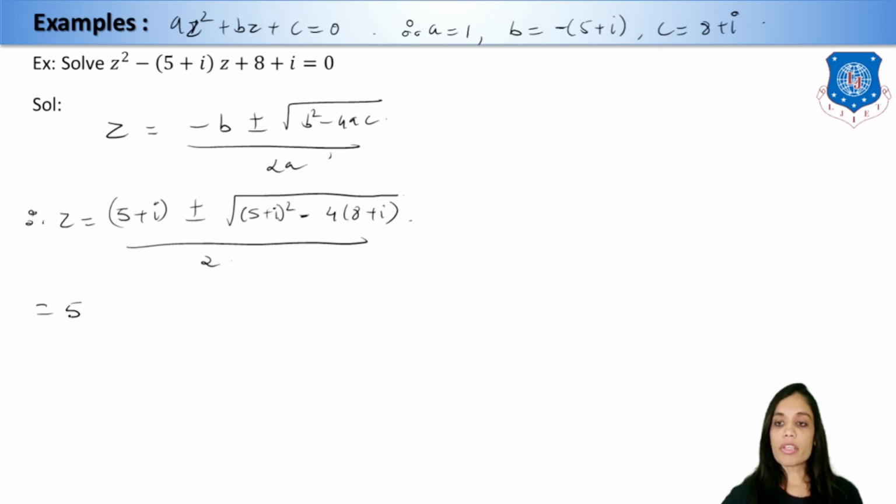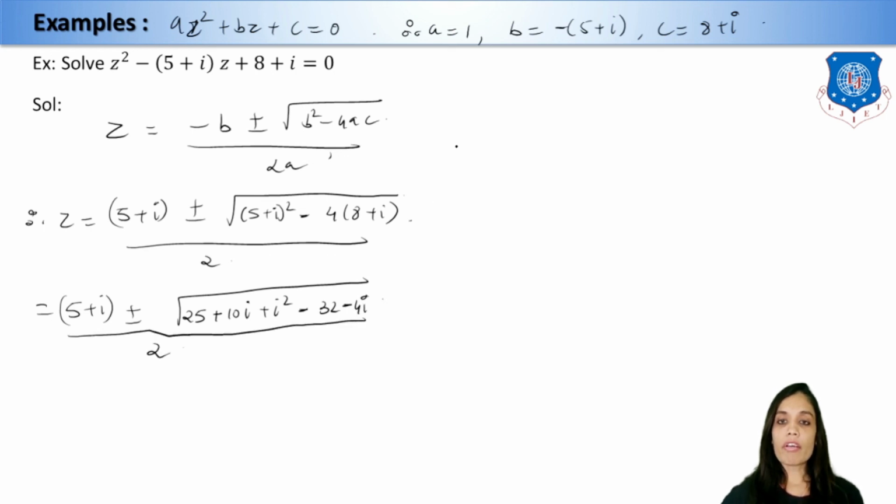So this can be written as 5 plus I plus or minus, open the bracket as a plus b whole square, a square plus 2ab plus b square. So here it will become 25 plus 10I plus I square minus 32 minus 4I upon 2. Now we know that I square is what?